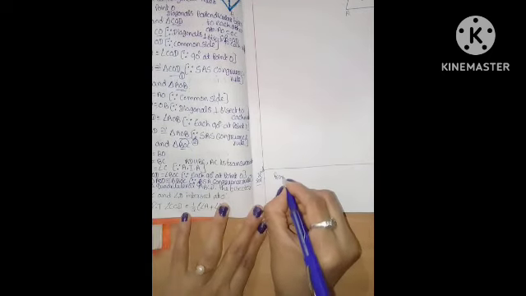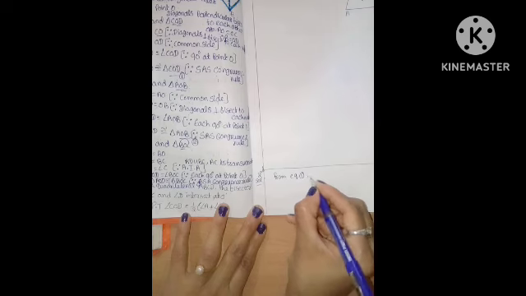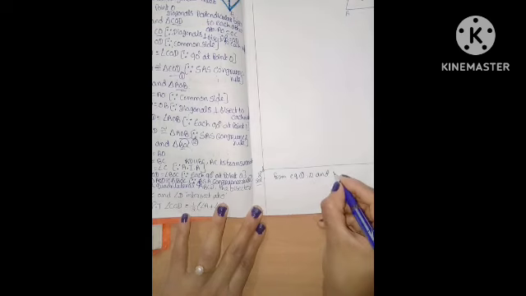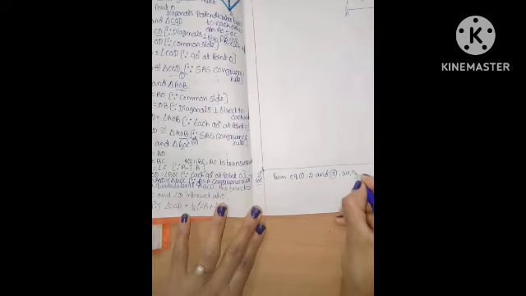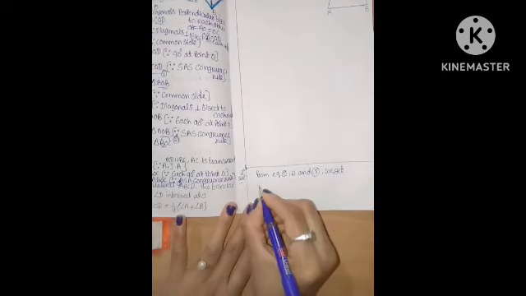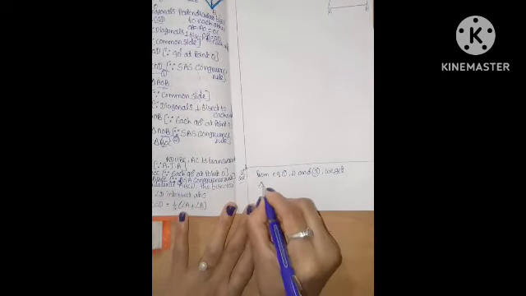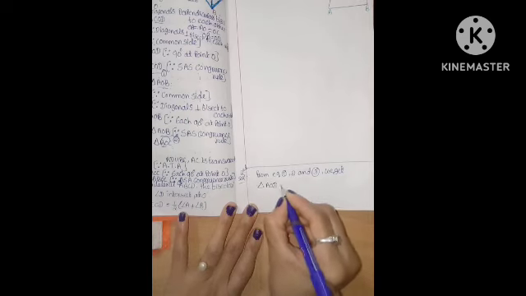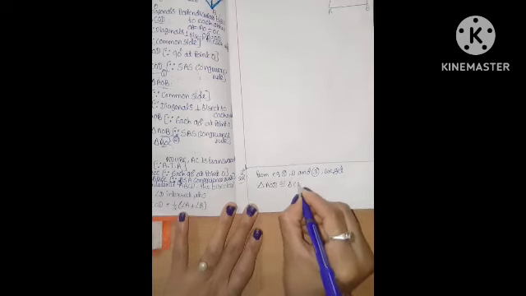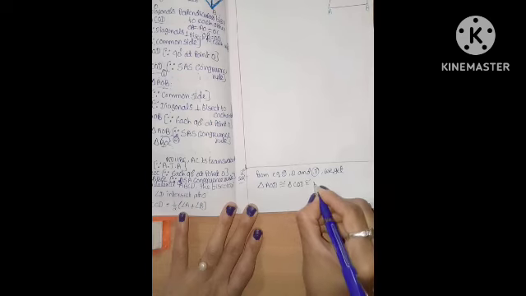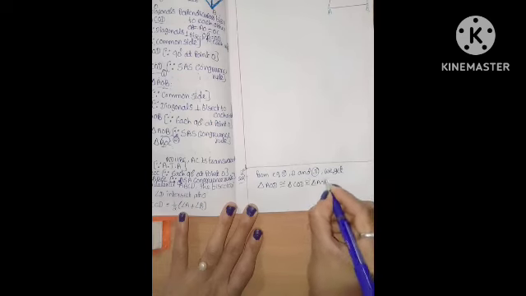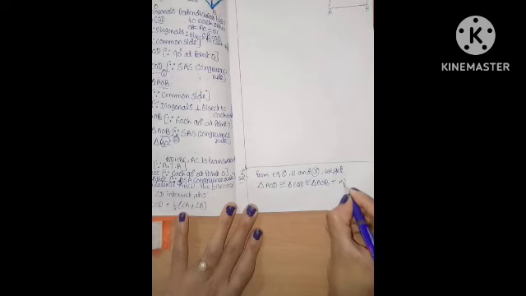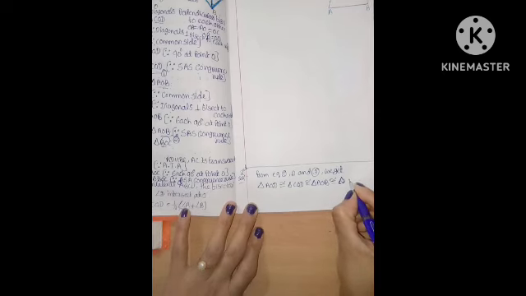From equation number 1, 2 and 3, what will we get? Triangle AOD is congruent to triangle COD is congruent to triangle AOB is congruent to triangle BOC.